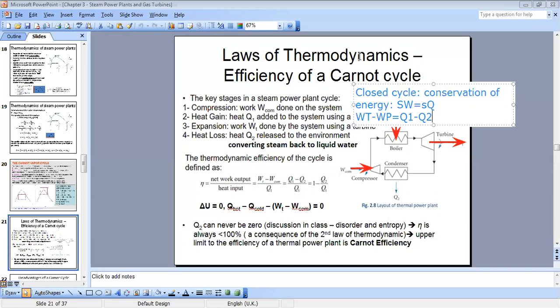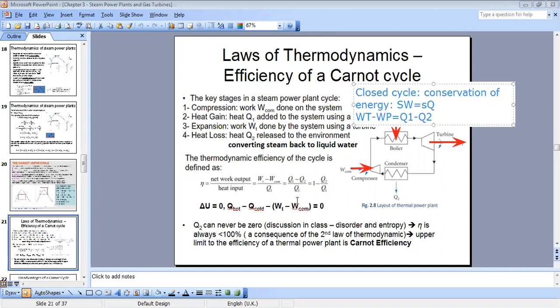This is why I can replace W turbine minus W compressor by Q1 minus Q2. And I come up with the following formula, that the efficiency is equal to Q1 minus Q2 over Q1.